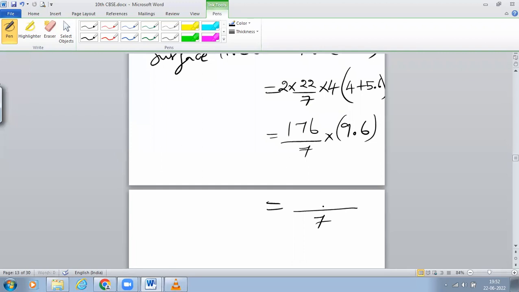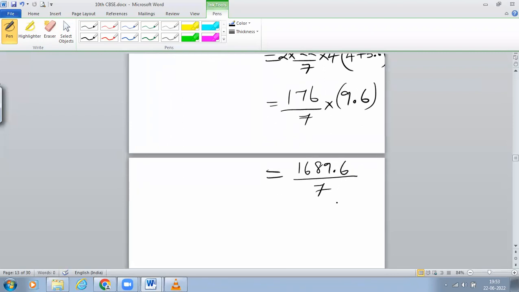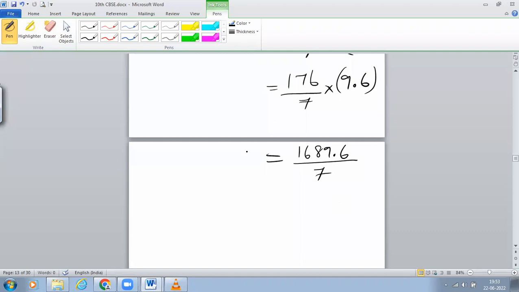Anyone who got the answer, please tell me. Sir, is it 16906? No. Sir, I got 1689.6. Okay, very good. 1689.6 is the right answer. 176 into 9.6 is 1689.6.